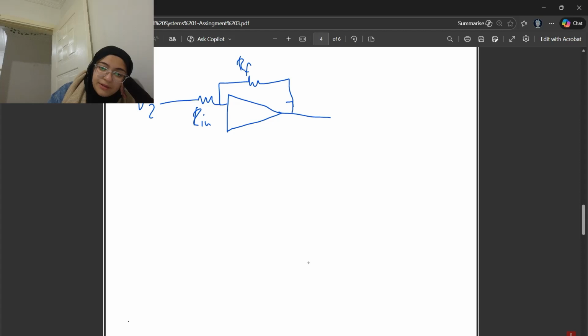Okay, RF here is 5 kilo ohms, and here is an inverting op-amp. Then, how to find the gain of this op-amp, the same as the first one.